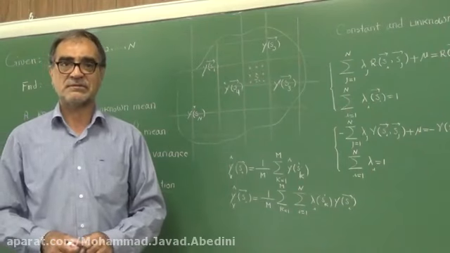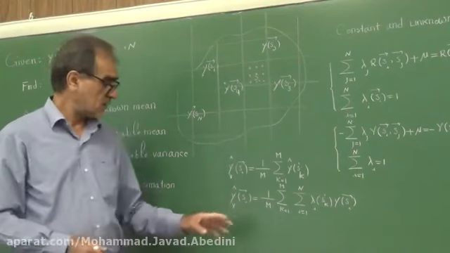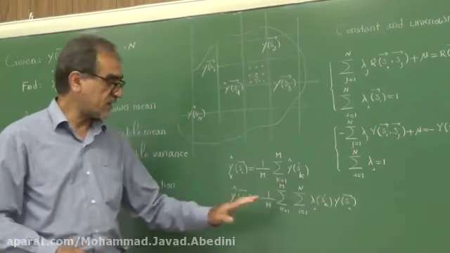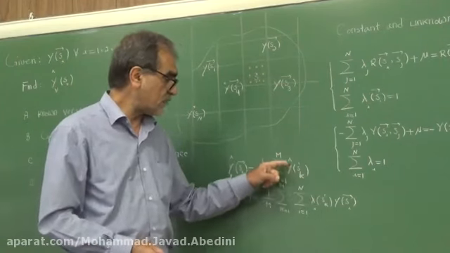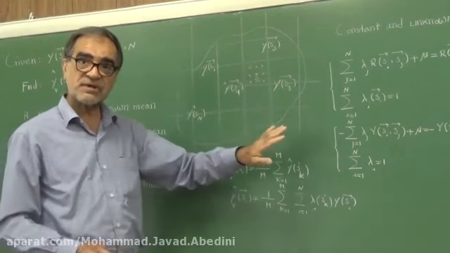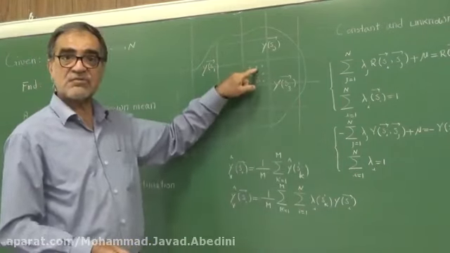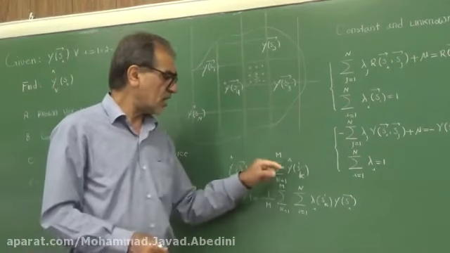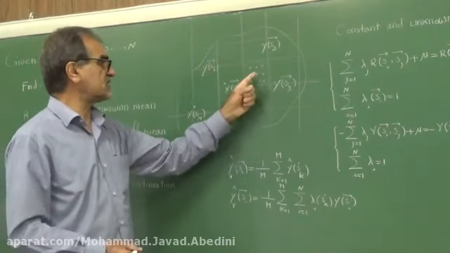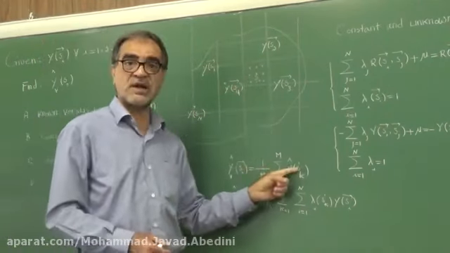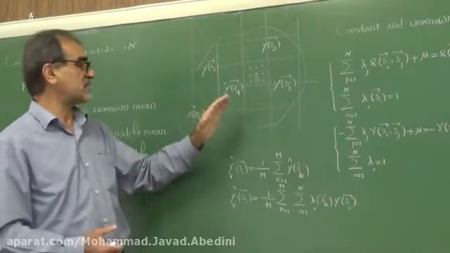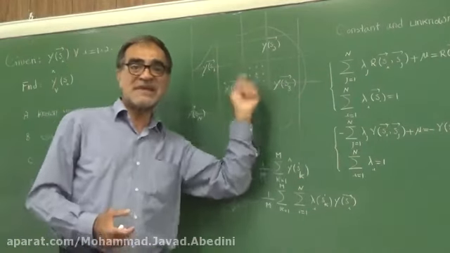N times. Because this k should go from 1 to n. At first, you have to estimate Y at S prime 1, which is this point here. And then you have to repeat this for Y at S prime 2. Please pay attention, I try to differentiate between my observation and my discretization point by putting a prime on top of S. This prime on top of S implies that I'm talking about a discretized point inside each block.